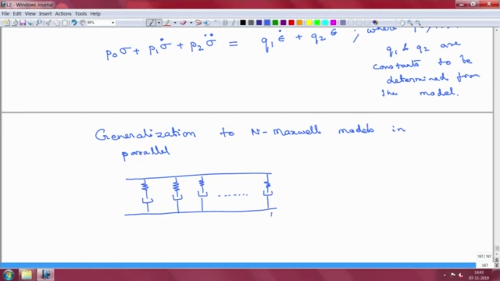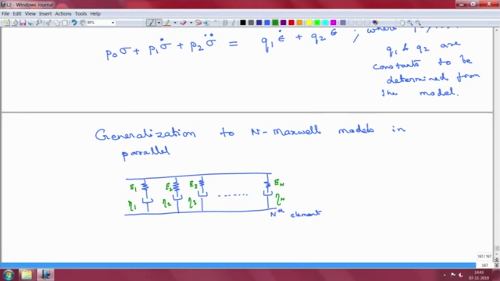So, this is the nth element, and each element is individually a Maxwell model. If you have to write the constants, you will start with E1, E2, E3, and go on till E n. Similarly, you will have eta 1, eta 2, eta 3, all the way till eta n.